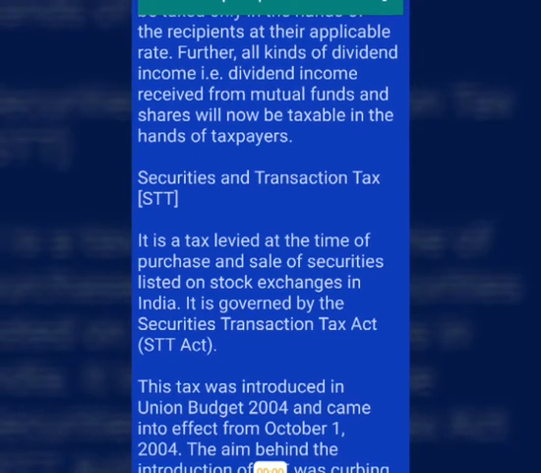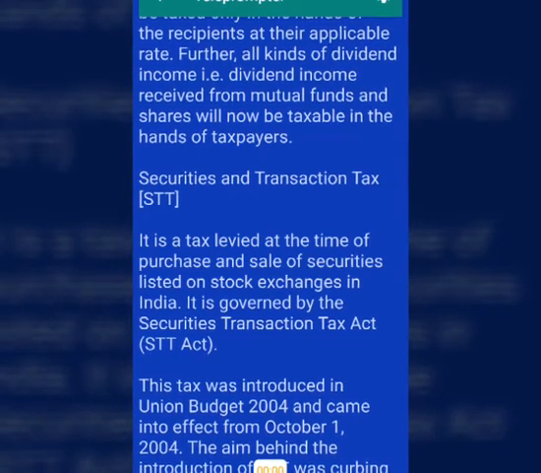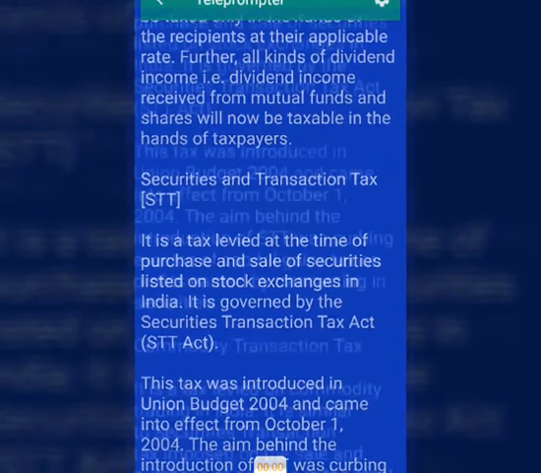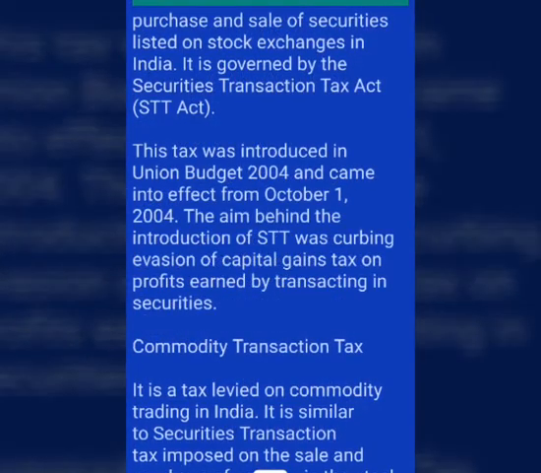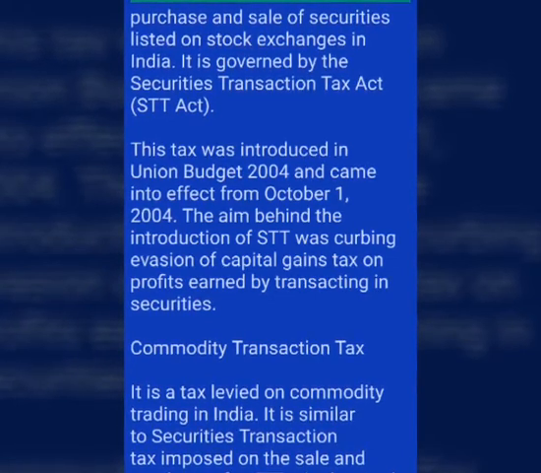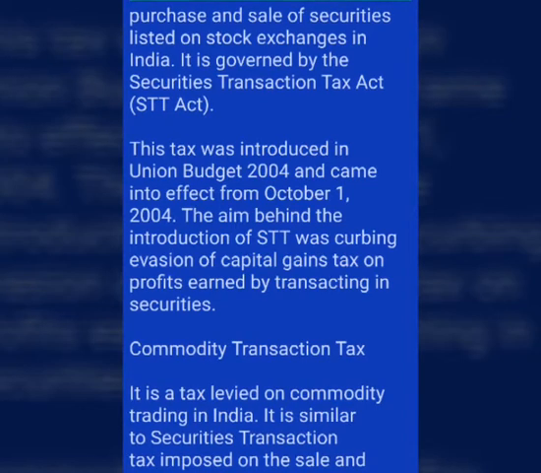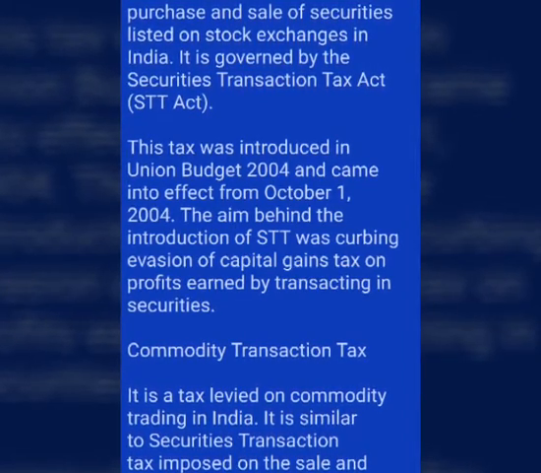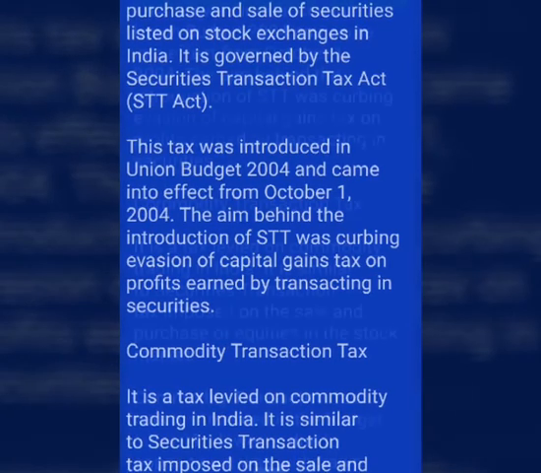Before Budget 2020-21, dividend distribution tax was levied in the hands of the company, meaning that the company distributes dividend after deducting DDT from it. An individual taxpayer was required to pay tax on dividend at 10% only in case the dividend received from Indian companies was more than 10 lakh rupees, and no tax was payable in case of dividends received from mutual funds.